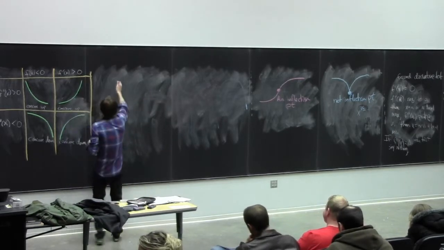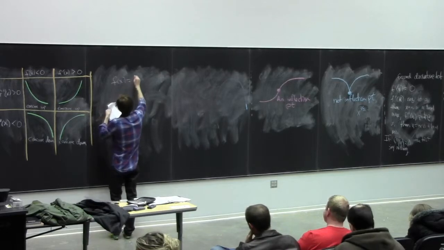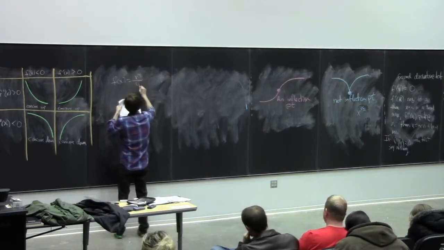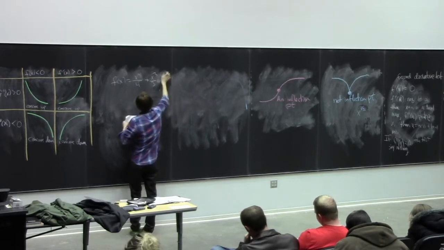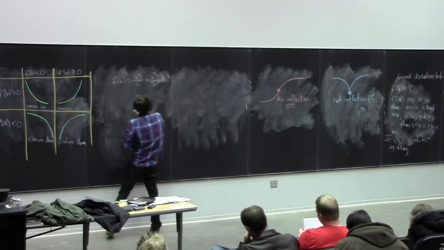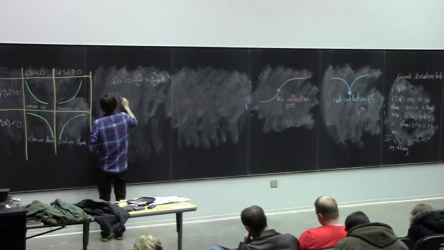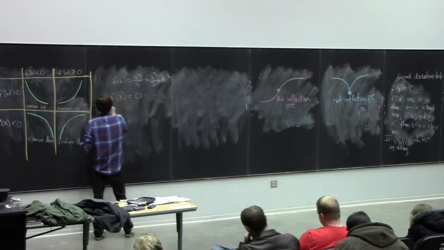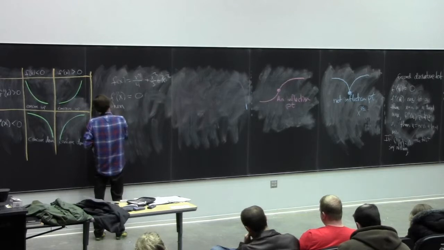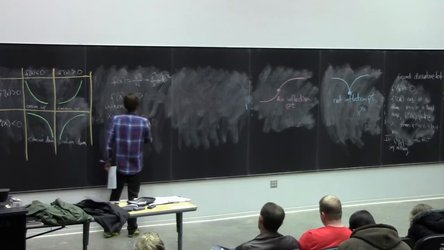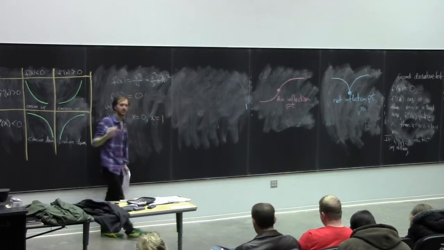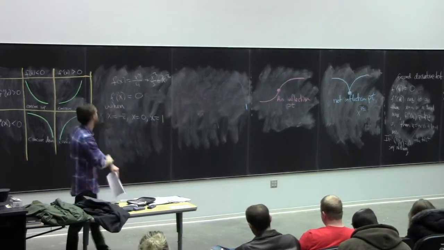We have f of x equals x to the 4th over 4 plus x cubed over 3 minus x squared. F prime of x equals 0 when x equals -2, x equals 0, and x equals 1. Is that correct? Awesome, that's correct.